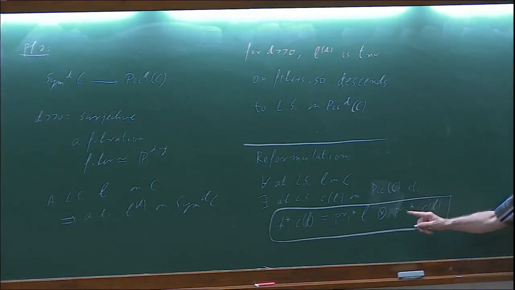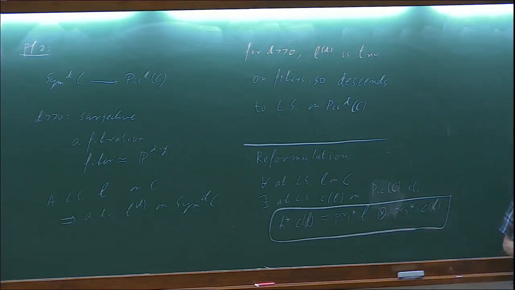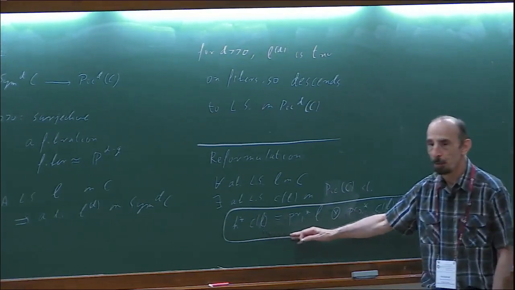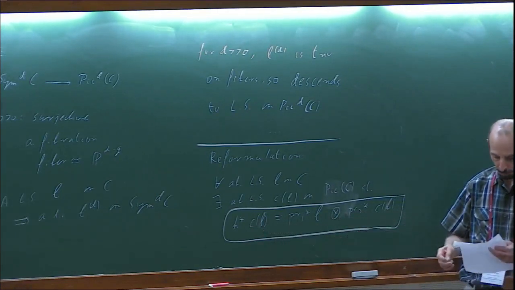So it says that for every local system L, there exists a local system C of L, which is an eigensheaf with eigenvalue L. So in the abelian case, all these formulations are equivalent to each other, and you can keep yourself busy going between them and doing the translation. This version is the one that has a chance of extending in general.